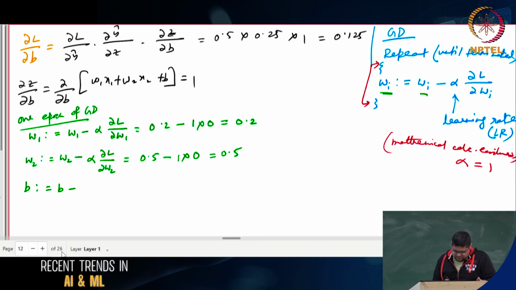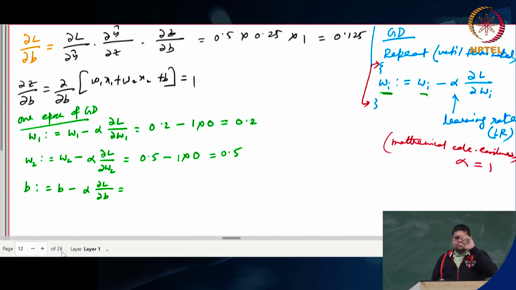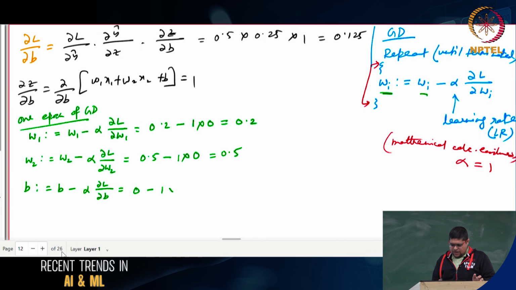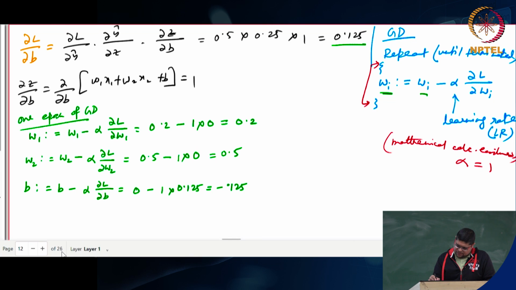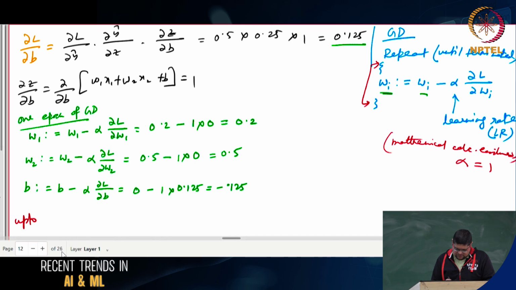Bias will be B minus alpha into del L by del B. Previously bias was 0, minus 1 into what we have just calculated here, del L by del B, which is 0.125. So now we have completed backpropagation 1.